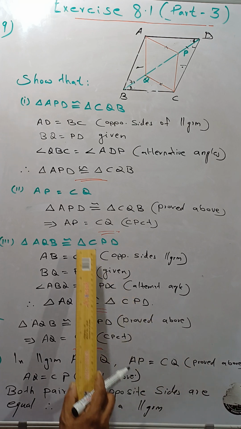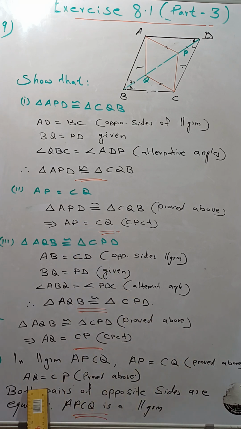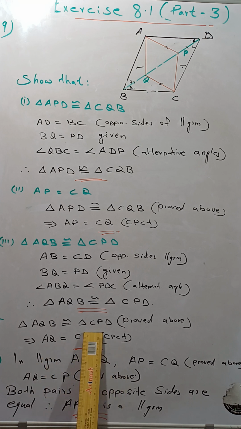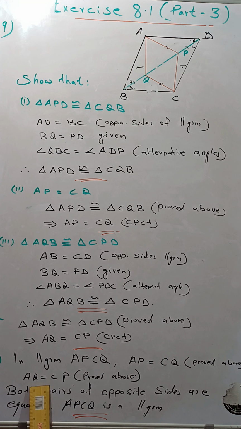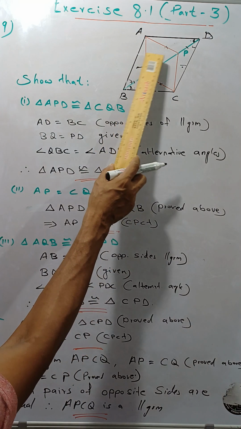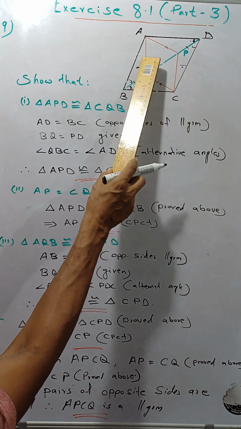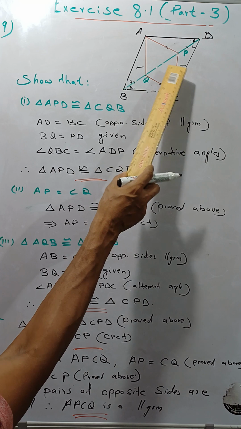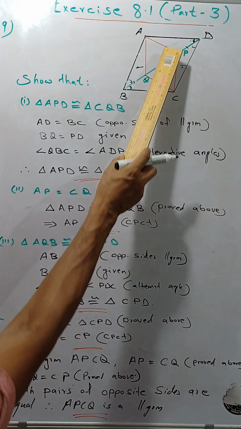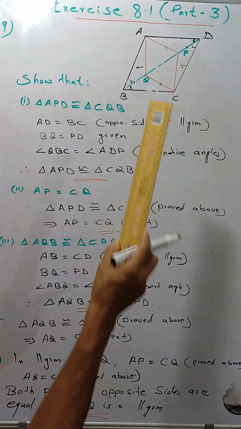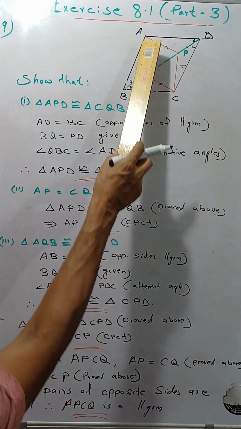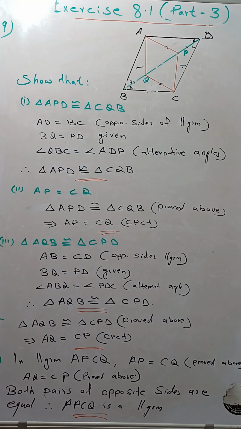We have already proved this. And AQ is equal to CP, which we have also proved. In this quadrilateral, both pairs of opposite sides are equal. If both pairs of opposite sides are equal, then we can say this quadrilateral is a parallelogram. Both pairs of opposite sides are equal, therefore APCQ is a parallelogram.